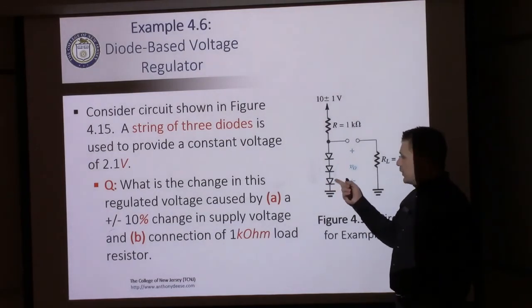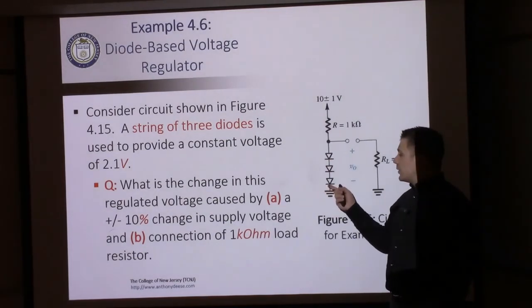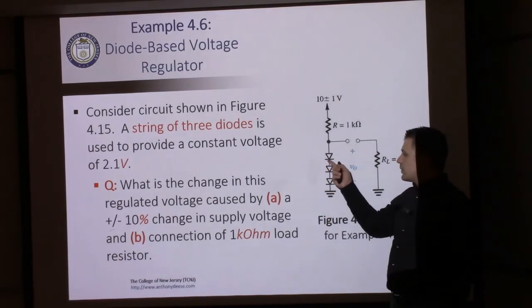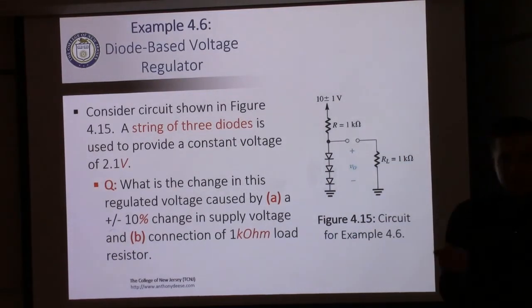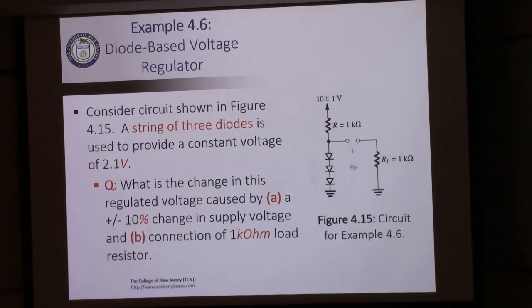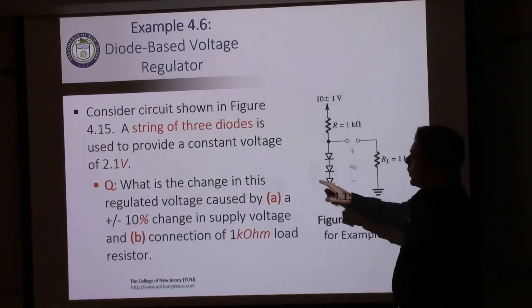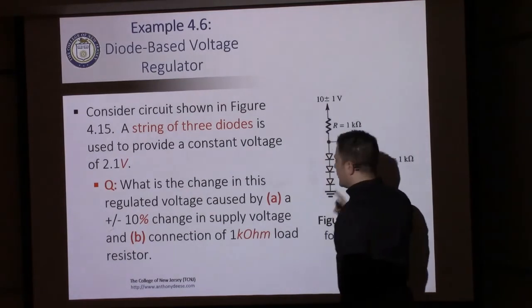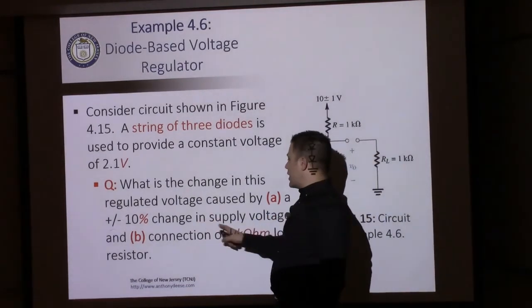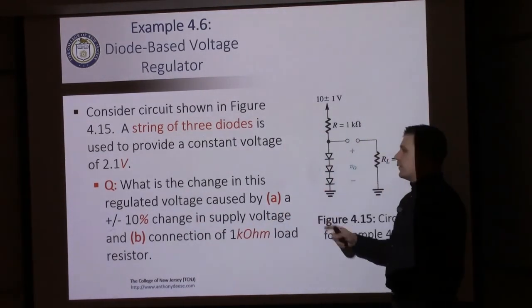So if we look at the desired value, each one of these diodes provides regulation with a nominal value of approximately 0.7 volts. So if we have 3 in series, that will give us 2.1 volts. The question asks us, first part, what is the change in this regulated output voltage caused by a 10% change in the supply voltage?